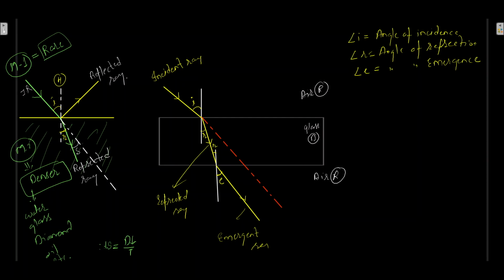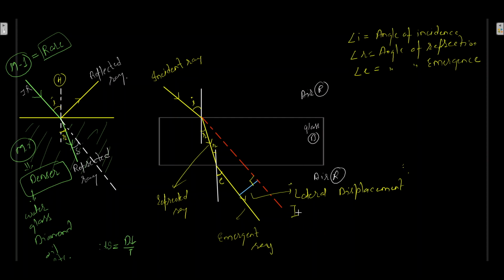And this is the distance from the emergent ray to the actual path of your ray, and that distance is at a 90-degree angle. That particular distance you call the lateral displacement.